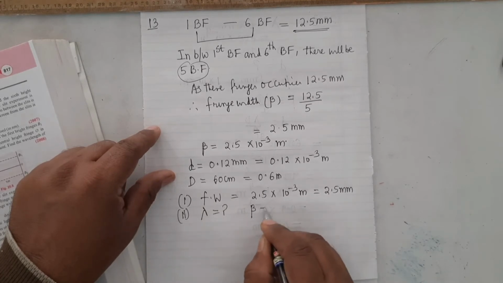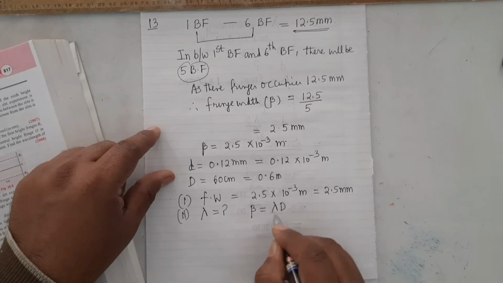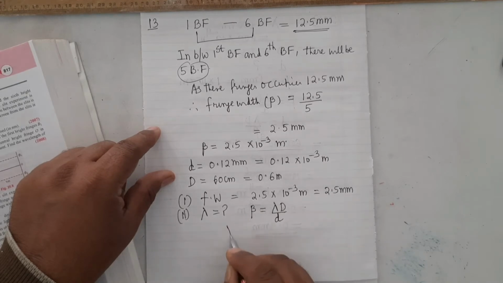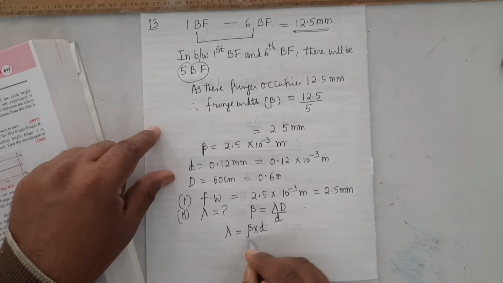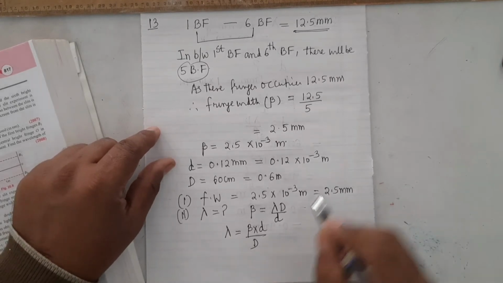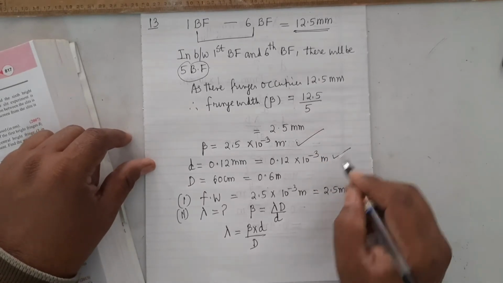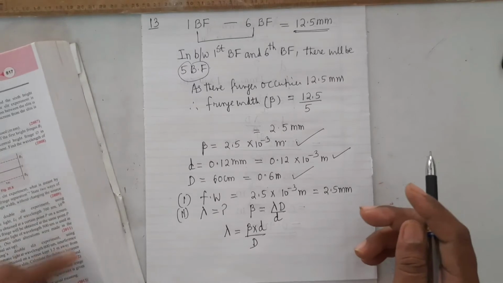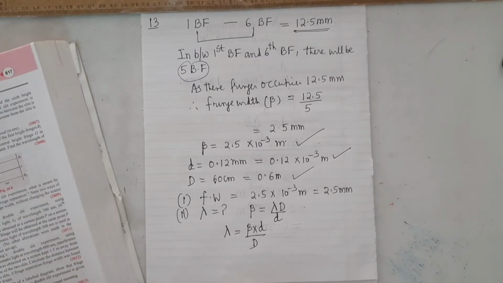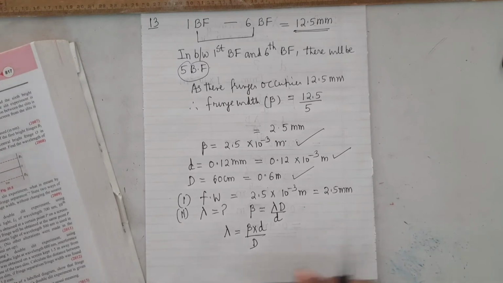How will you find? Beta equals lambda into capital D upon small d. So by using this formula, lambda equals beta into small d upon capital D. Now everything is given. Beta is given, this small d is this, capital D is this. You substitute the values, you will get this. It's clear.